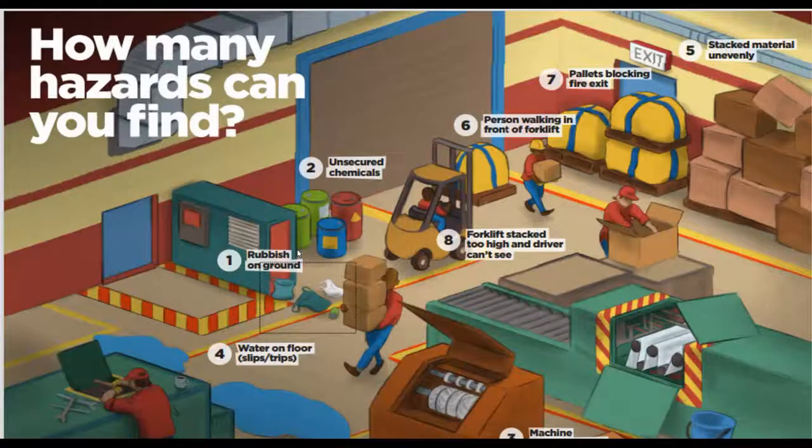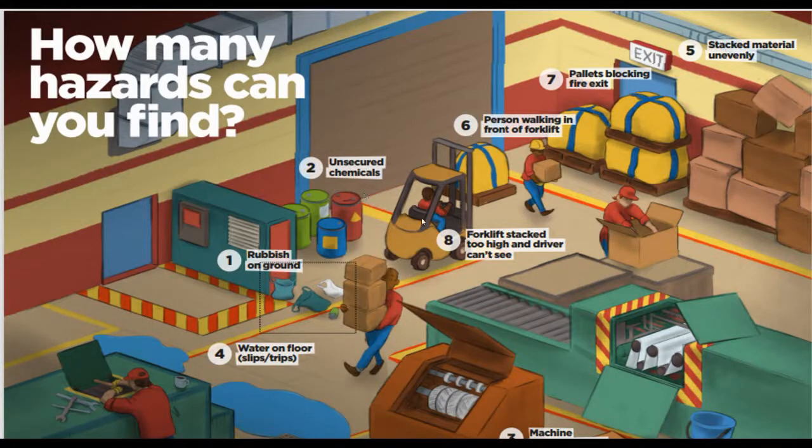Okay, so next, this is a factory environment. How many hazards can you find? The first hazard, rubbish on the ground. Rubbish on the ground is also a hazard. And then number 2, unsecured chemical. There is no prevention control by the industry.